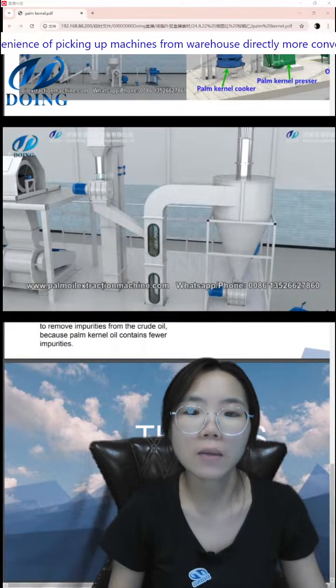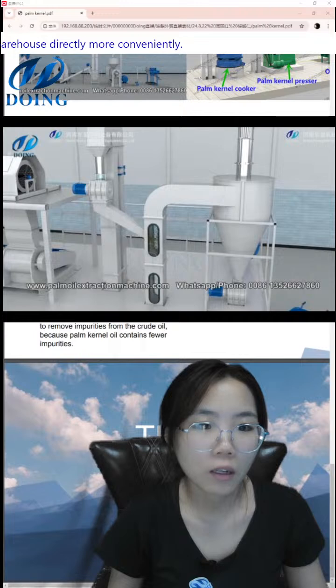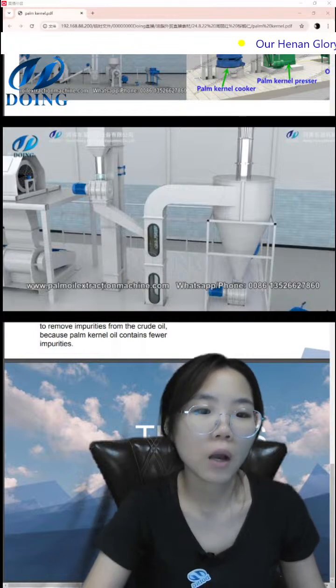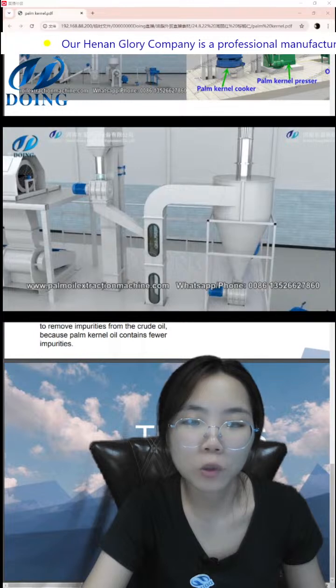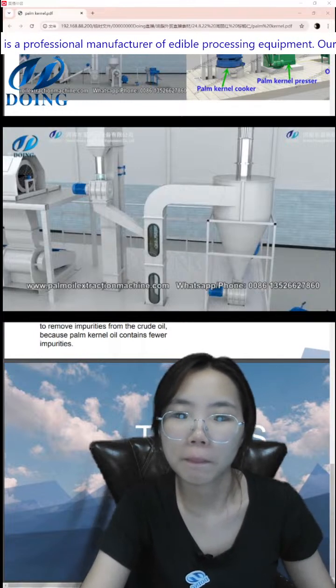You can see that it is designed with a cylinder and a cone. The palm shell entering the cyclone forms a lateral downward force, and the kernels fall down to avoid being drawn away by the fan.